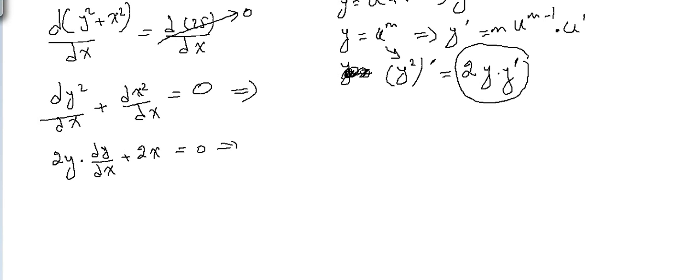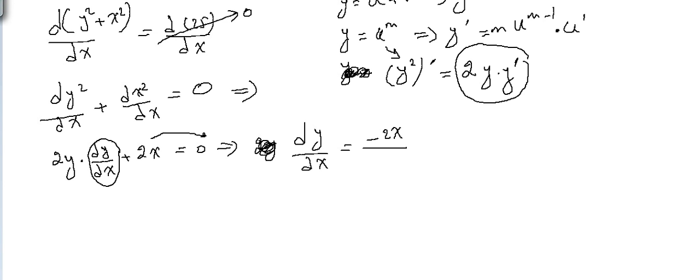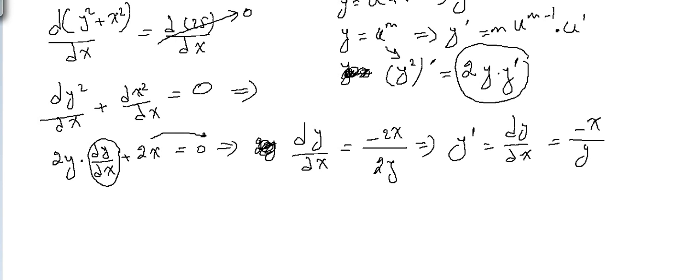This means, in other words, 2y dy over dx, we want to find the first derivative, is equal to minus 2x, taking it to the other side, and we divide by 2y. So finally, we found y prime, which is dy over dx, equal to minus x over y after simplifying the fraction.